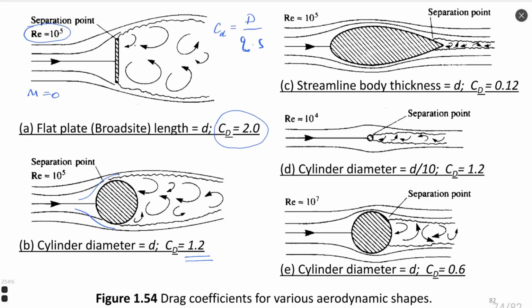But of course, having a cylinder is not possible to create an efficient aerodynamic body. We know that to fly, we need a body that creates significant lift and has relatively low values of drag.